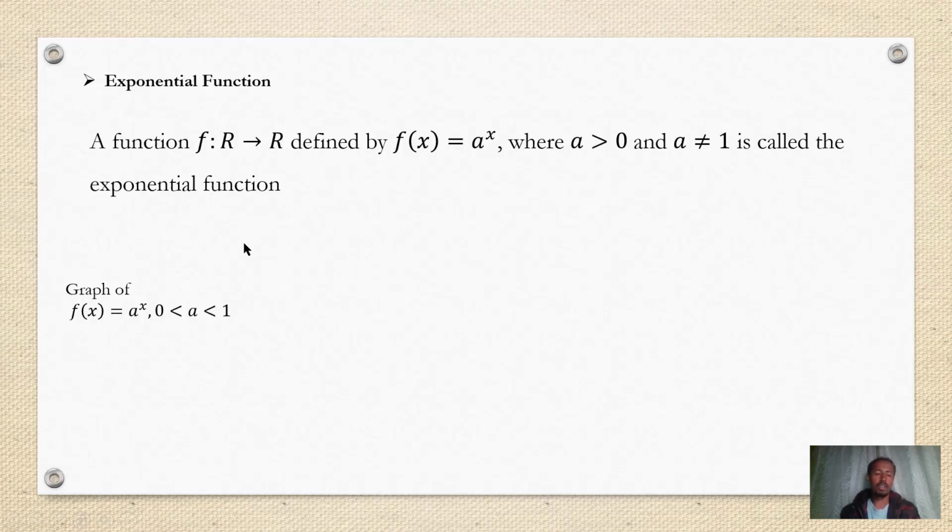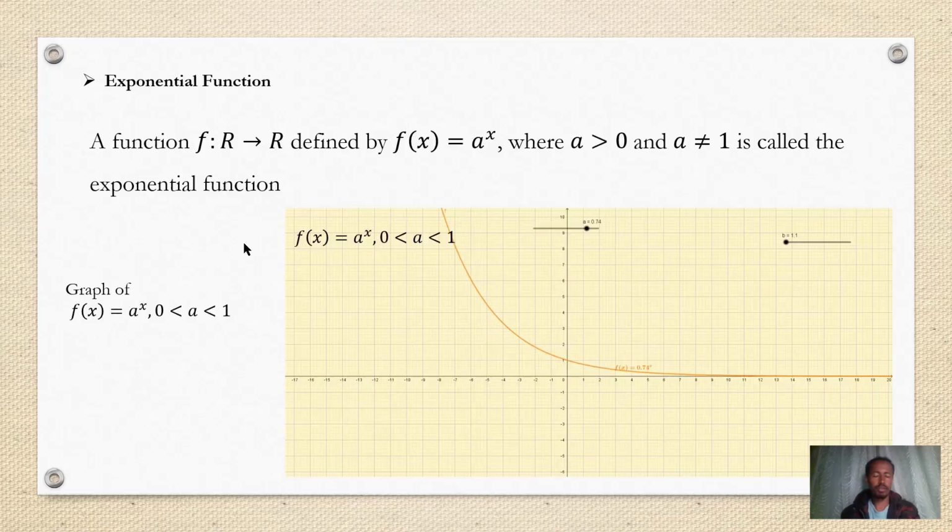Well, for a value of a between 0 and 1, what does its graph look like? When you see it pictorially, for f of x equals a to the power of x, with 0 less than a less than 1, the function looks like this.